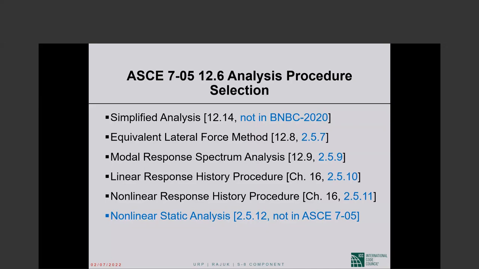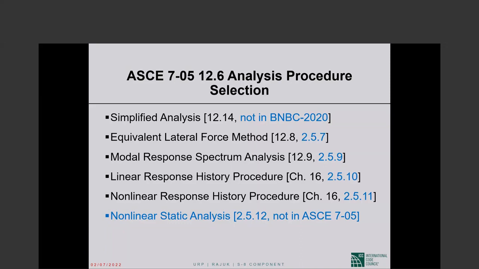I do not recall that there have been all that terribly many improvements in 2019, but in 16, there was a huge amount of work done. So if you have an interest in that subject, I think that is the place you should go to, chapter 16 of ASCE 7-16. Okay.